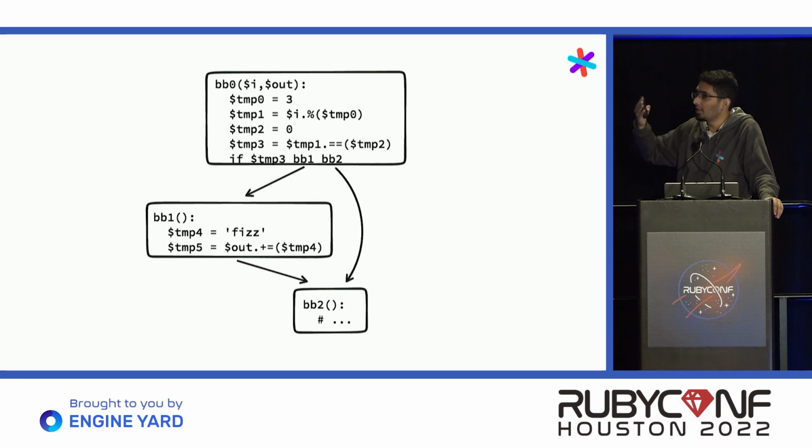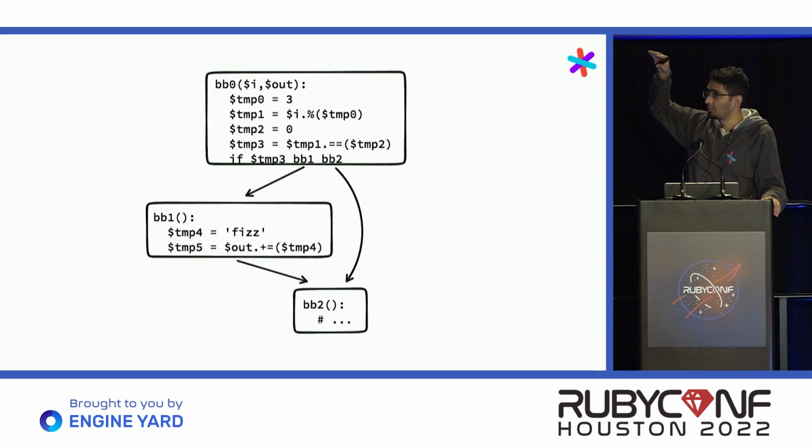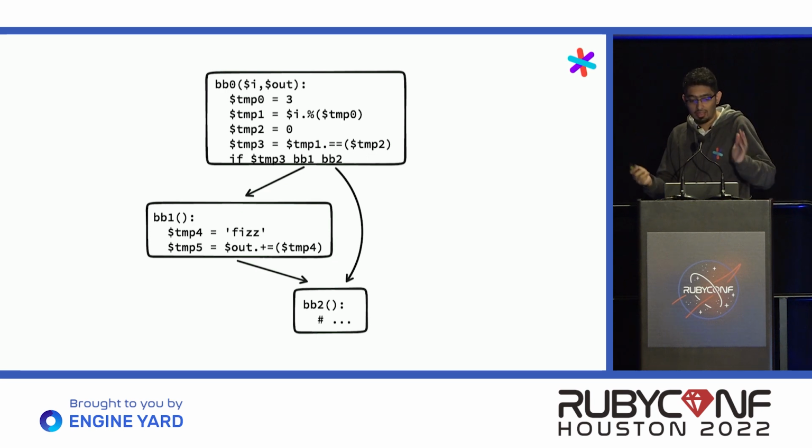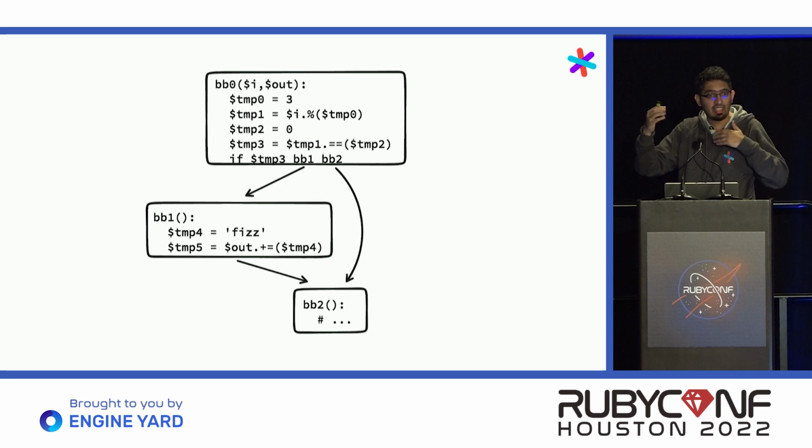Topological order just means you traverse the blocks from top to bottom. You wouldn't traverse basic block 2 before basic block 1. The reason you do it is because definitions need to come before usages.